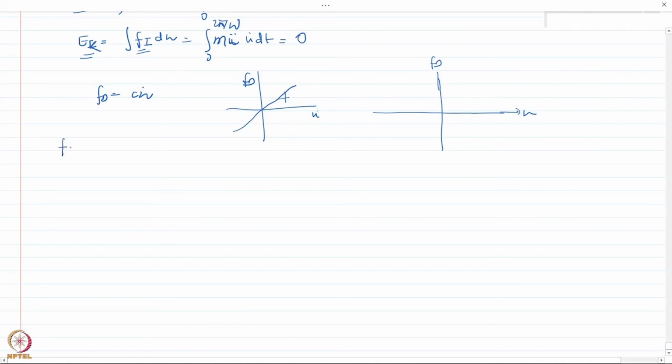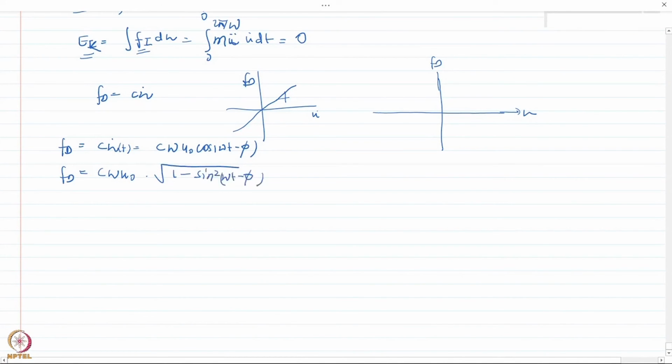So we are going to draw the graphical representation of FD. Now this is equal to C U dot T, which I can write as C omega U naught cos(omega t minus phi). And this cos(omega t minus phi) I can further write as the square root of 1 minus sine square (omega t minus phi).